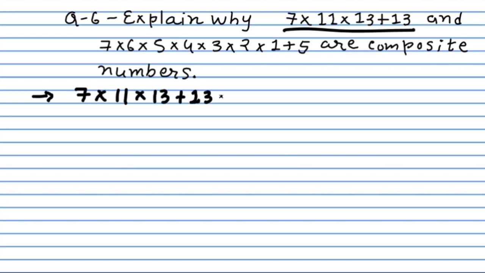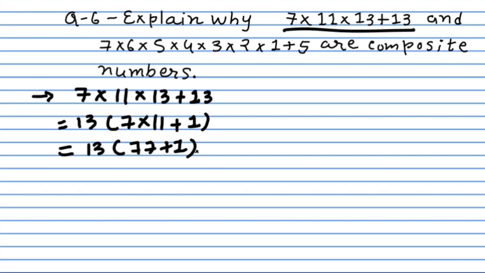I am not going to solve this whole expression, but we will take out 13 common. It is 13 multiplied by (7 multiplied by 11 plus 1), which is equal to 13 multiplied by (77 plus 1), so it is equal to 13 multiplied by 78.